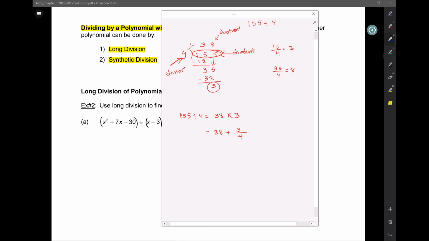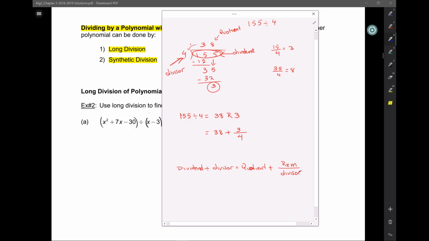So in the end, the answer will look like the dividend divided by the divisor equals quotient plus remainder over divisor.